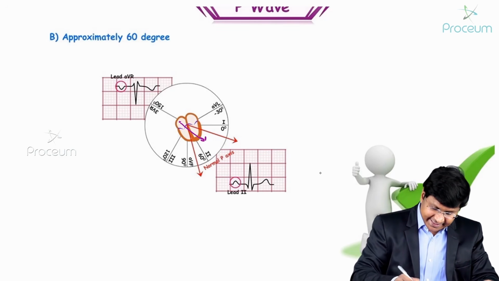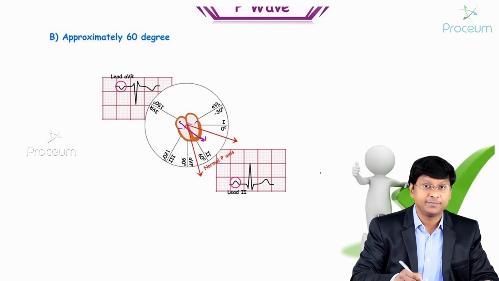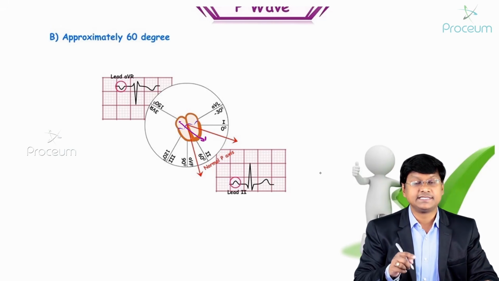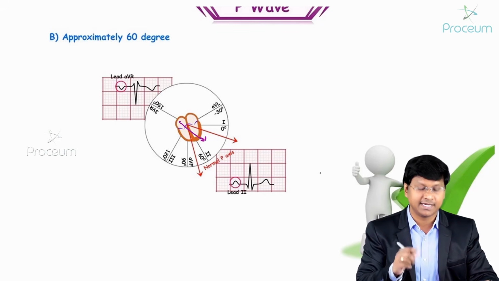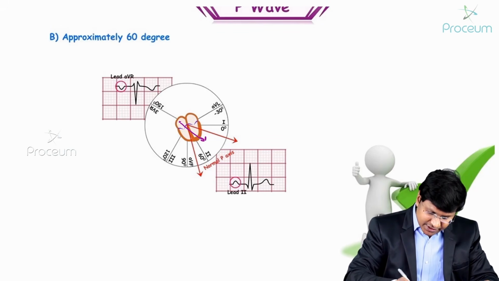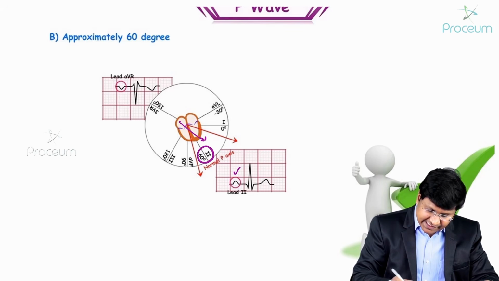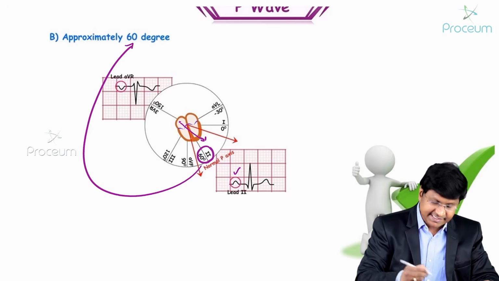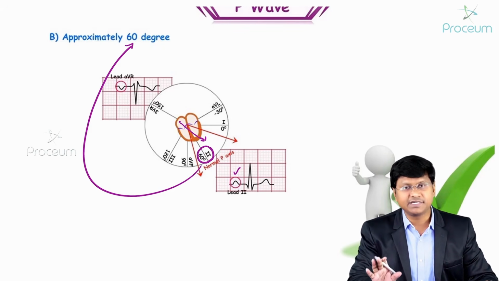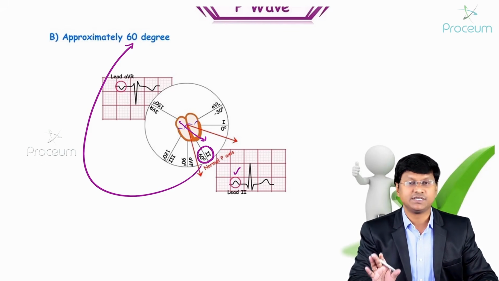In the hexaxial diagram, the direction of depolarization in a normal heart is more or less towards 60 degrees. So the P wave axis is nearly around 60 degrees. In simple terms, if the question is asked, what is a normal P wave axis? The answer is 60 degrees.